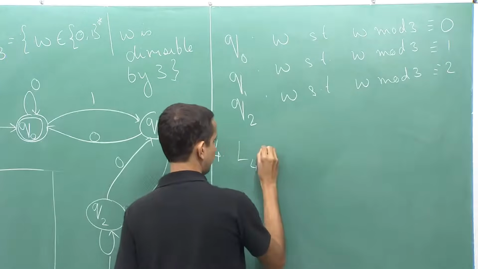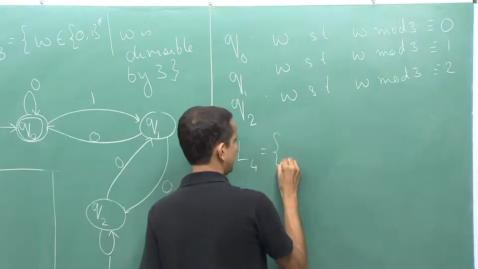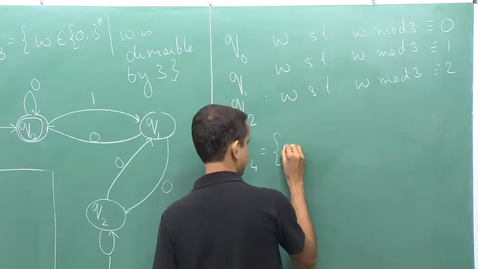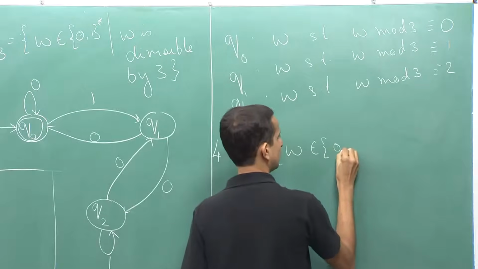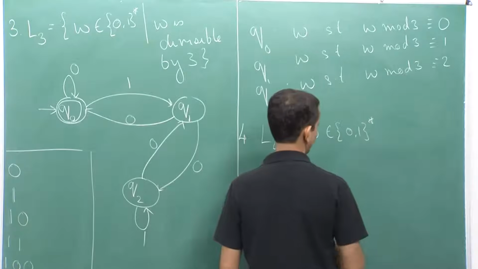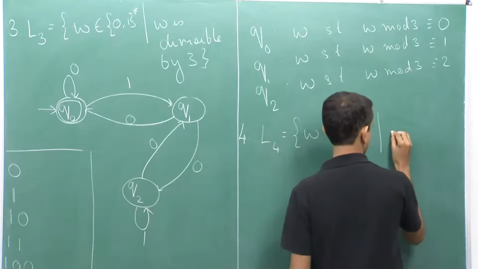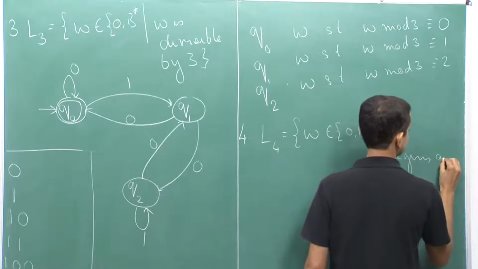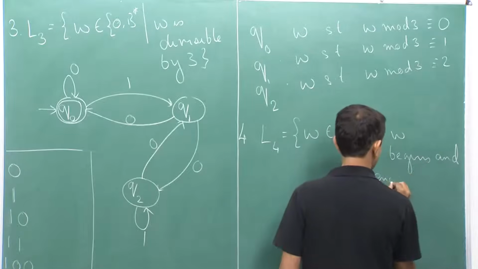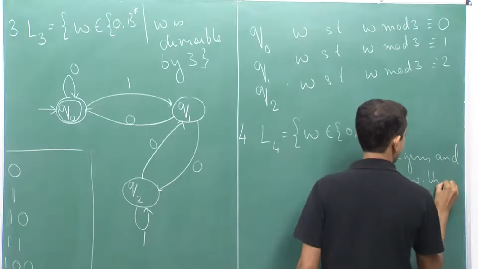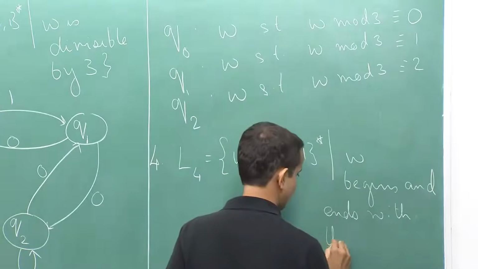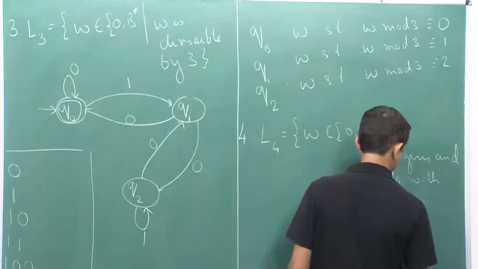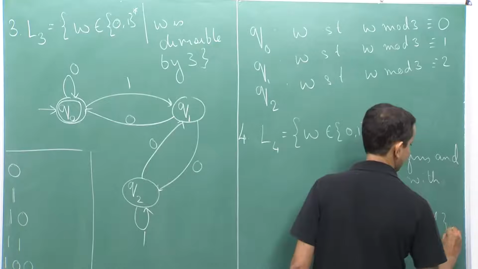So, L4 is, let us say, the set of all strings W over {0,1}* such that W begins and ends with the same symbol.